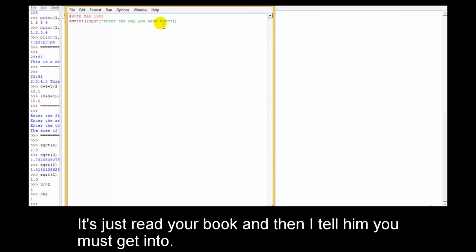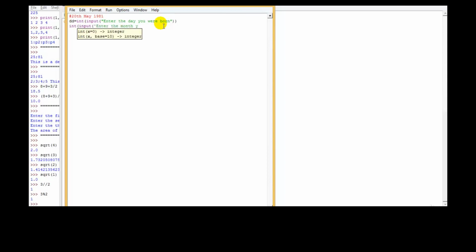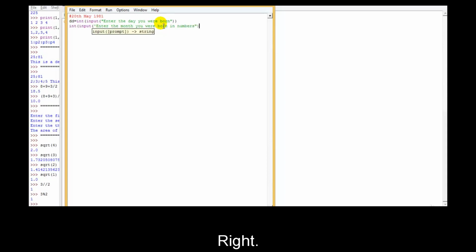And then I tell him enter your month. Okay, so I'm going to say input, enter the month you were born in numbers, which means if it is May, he's going to enter 5, right?